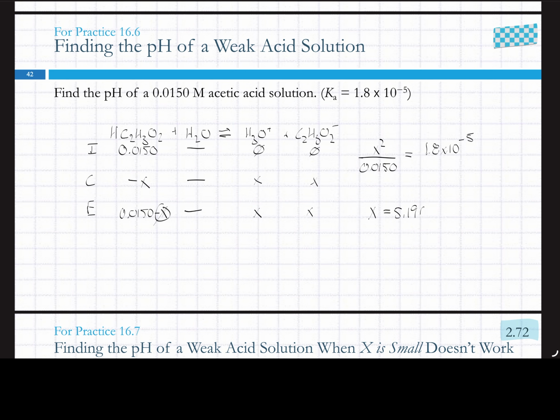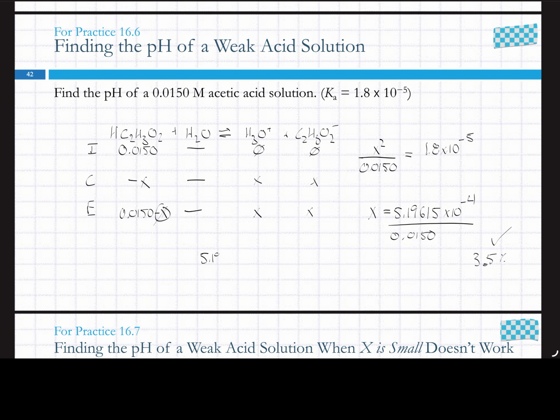Then we check our approximation. 3.5%, that's less than 5, so that works.